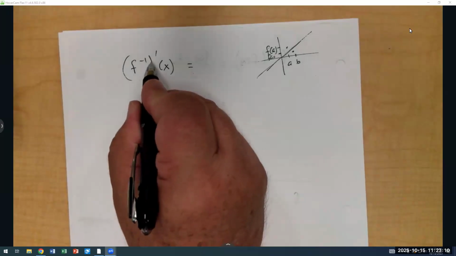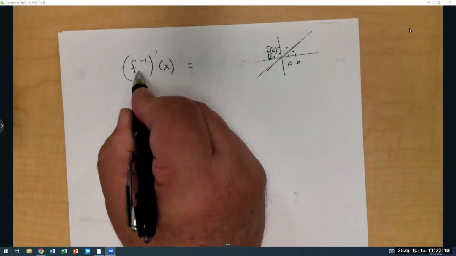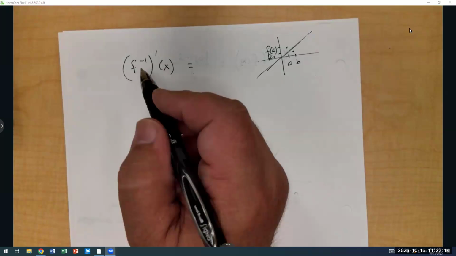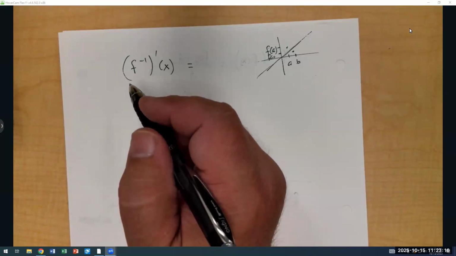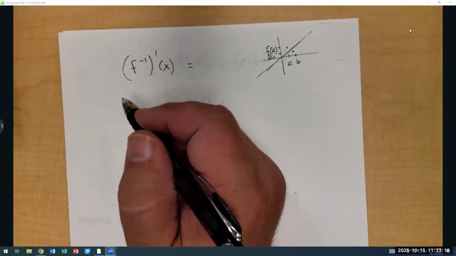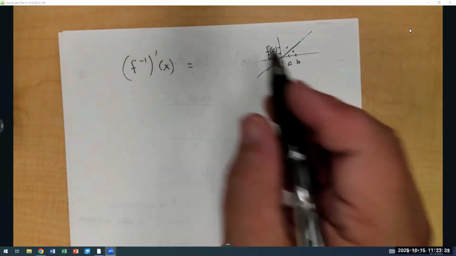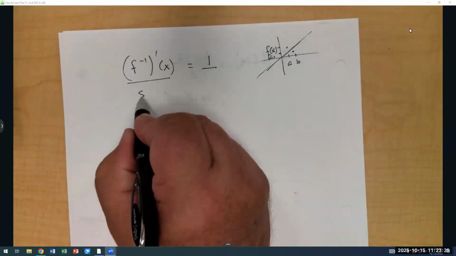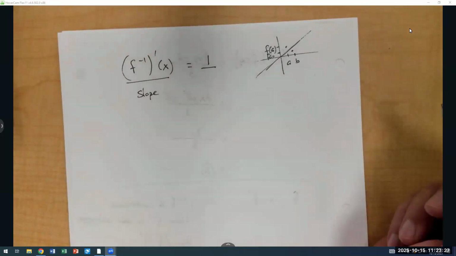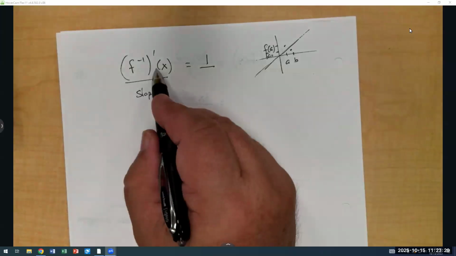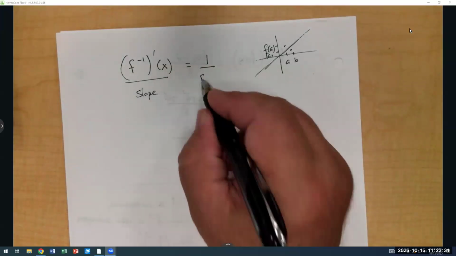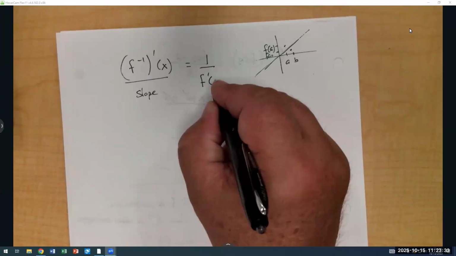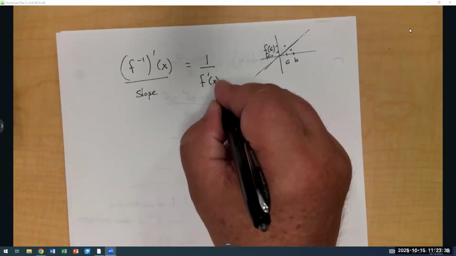So the derivative of the inverse would be the same as what? Remember, this is a slope. The derivative represents a slope. So that's the slope. Then that has to be the inverse of the derivative of the first value.